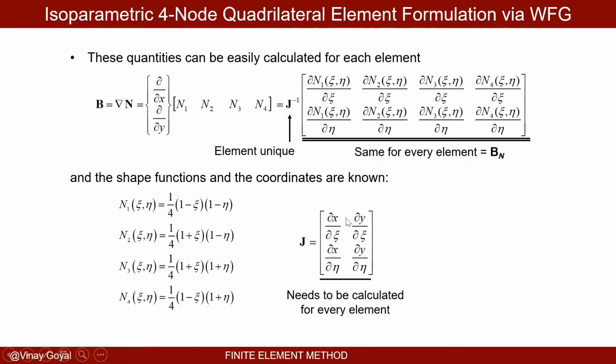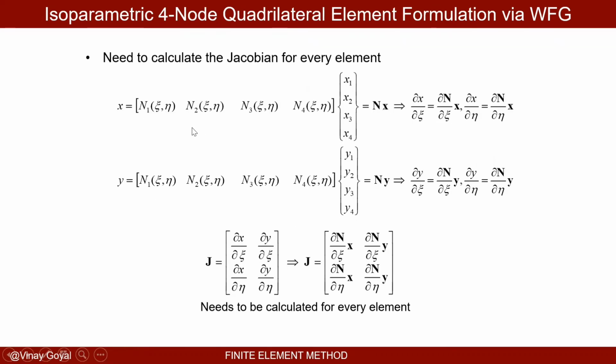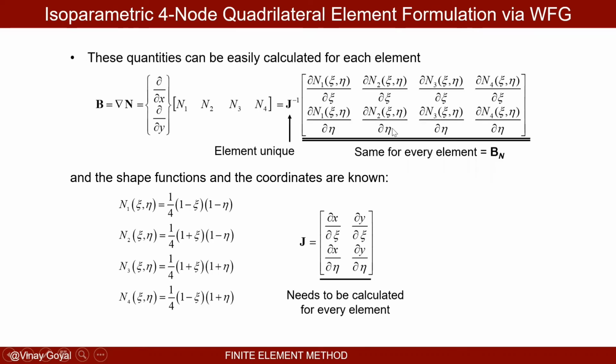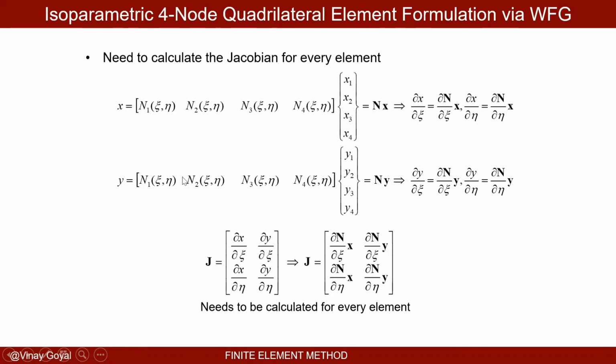How do I calculate the Jacobian? Let's look at that. So the Jacobian requires these calculations, these derivatives. Well, let's look here. X is this. We already discussed that. This is how you map it from the quadrilateral, from the square to the quadrilateral. That's N bold times X bold. I have to find this derivative.